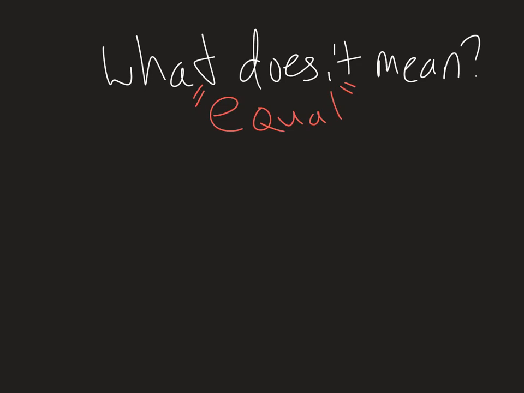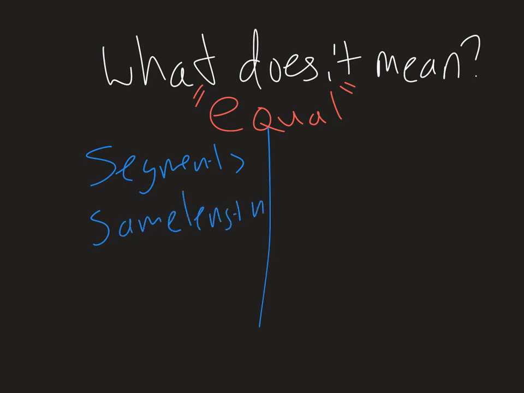Well, it means different things for different objects. If I'm talking segments, it means they have the same length. If I'm talking angles, it means they have the same measure, meaning they're both the same amount of degrees.